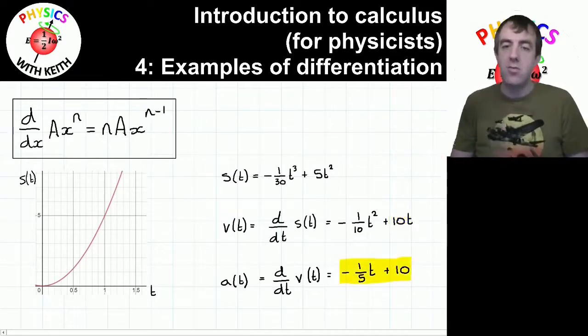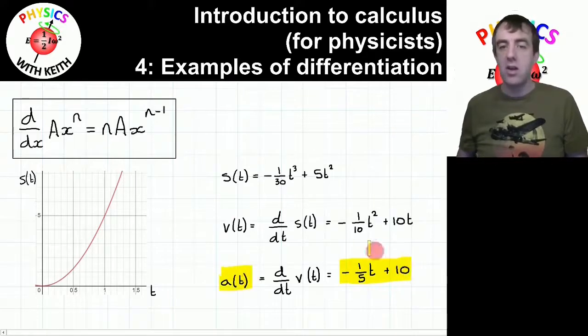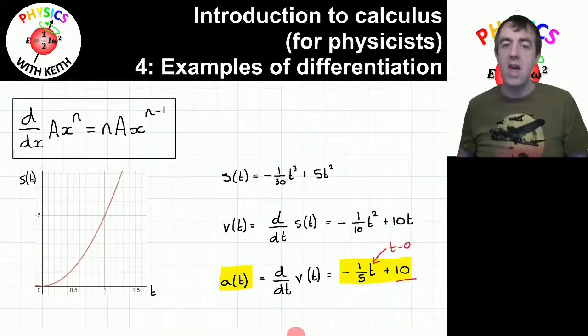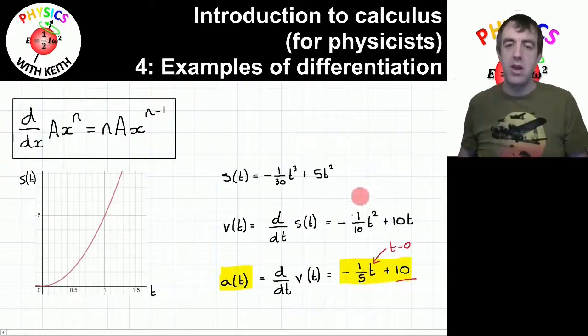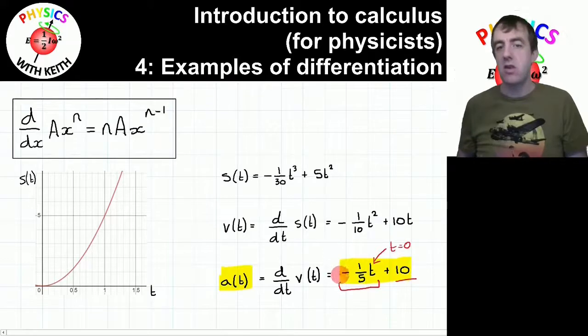And so here's our expression for acceleration, and you can see in this case the acceleration initially, when t was 0, was 10 of whatever units we're using, 10 meters per square second probably. But then as t increases from 0, this reduces the acceleration. That's why there's a minus there. And in 5 seconds, the acceleration is reduced by 1 of these units.